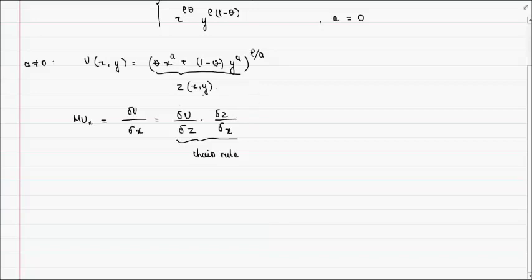First, I differentiate the utility function with respect to z. As a function of z, it's just z to the power of rho on a. Differentiating with respect to z, you get rho on a, z to the rho on a minus 1, multiplied by the differential of z with respect to x, where z is the whole thing inside.